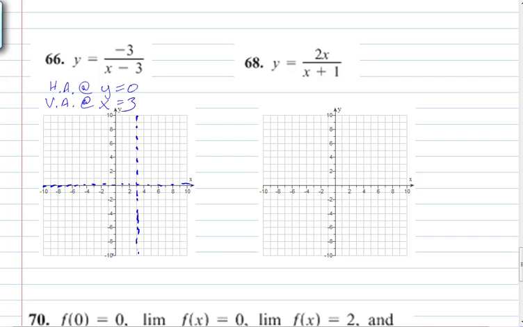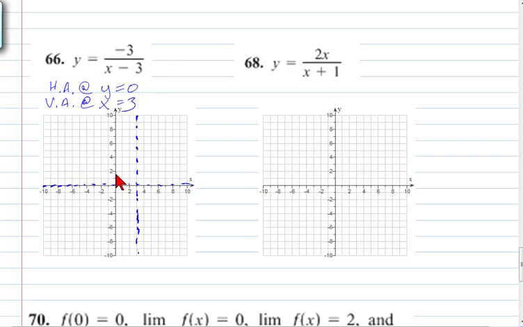Do I have any intercepts? If x is equal to 0, what's y equal to? If x is 0, y is positive 1. So there's a y-intercept that our graph is going to go through, right? We have a y-intercept.